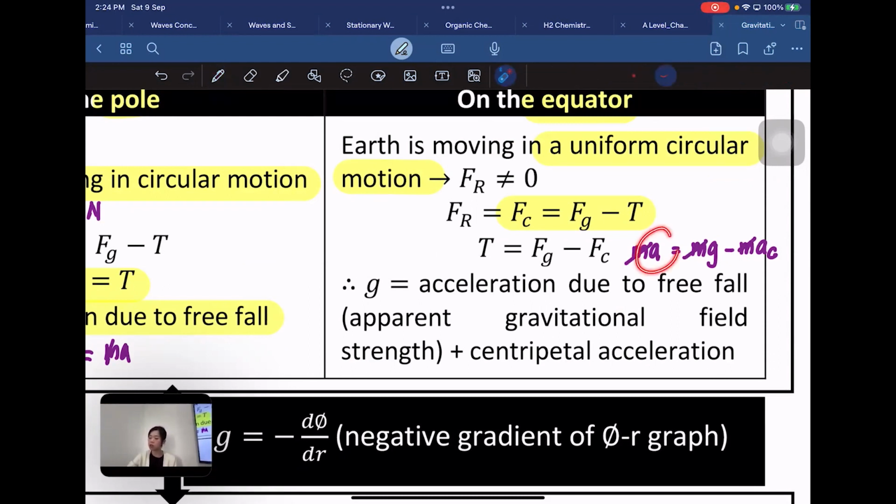That means the new acceleration at the equator is less than my gravitational acceleration due to free fall by my centripetal acceleration. Do you understand? So the difference in gravity at the pole and at the equator differs by one centripetal acceleration. Okay, this is important. The difference in terms of their gravity is because of whether or not they undergo circular motion. Okay?